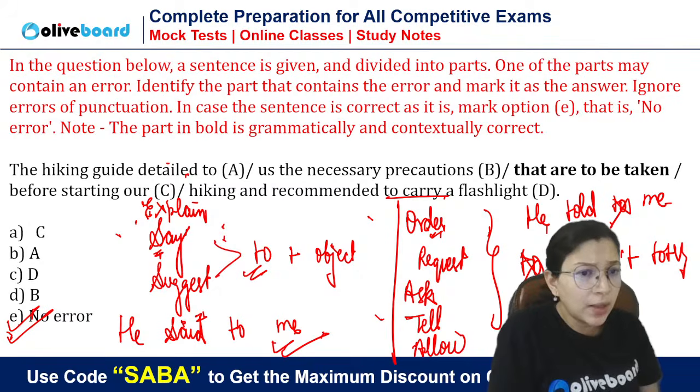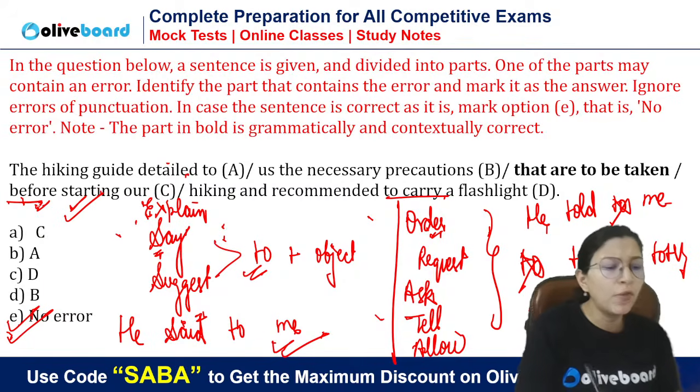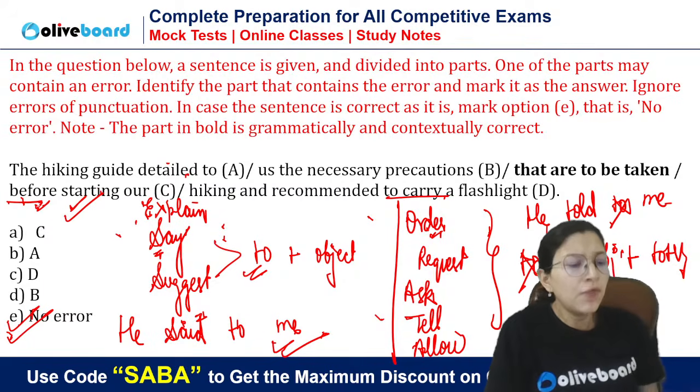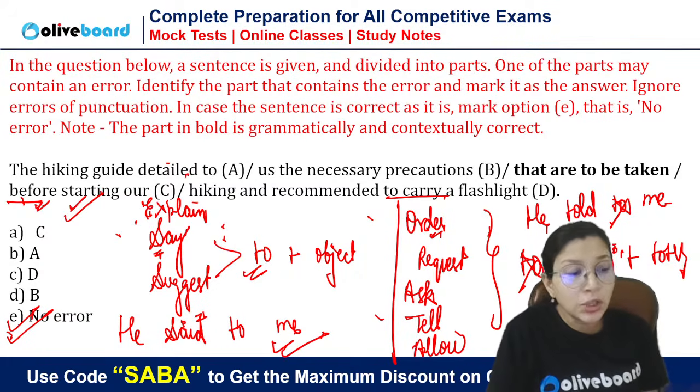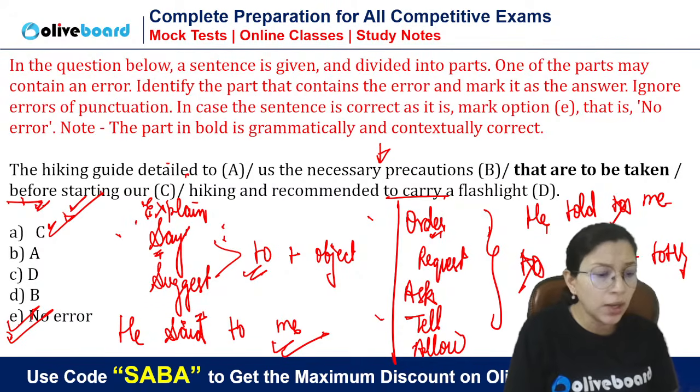Before starting our hiking, no. Before is a preposition. A preposition will be followed by a gerund. There is no superfluous word; before starting is not wrong. See, whenever the travel guide gives you the explanation, if he tells you the precautions, he tells the precautions before starting the journey. No? After starting the journey, he cannot tell. So everything is correct.